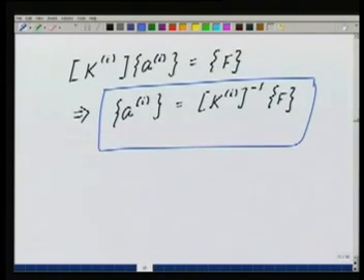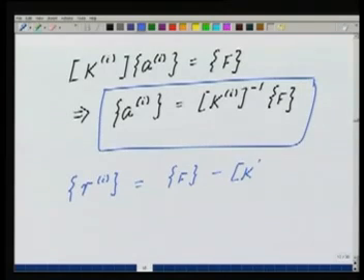Okay, so once I have these coefficients, then I have to check. So to check, what do I do? I find the vector R_i is equal to F minus K_i into A_i.